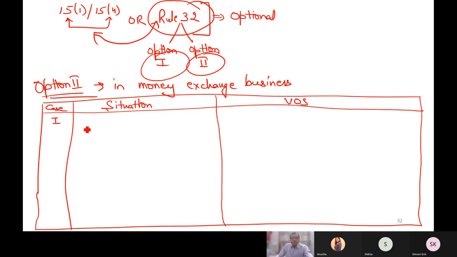Case 1. Now this option is very simple, where the Indian rupee involved is till 1 lakh rupees.